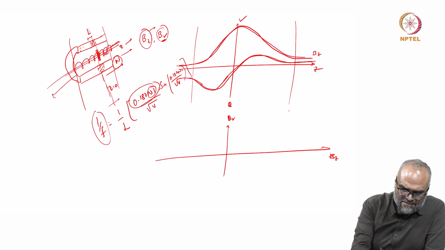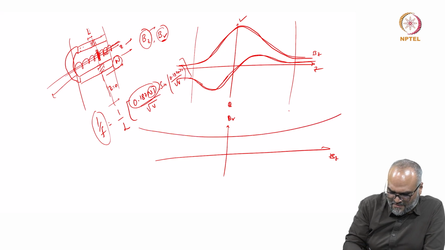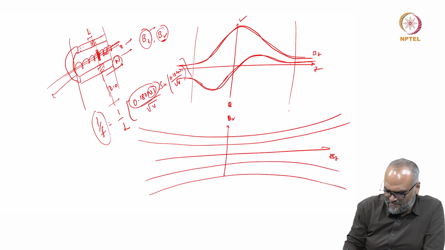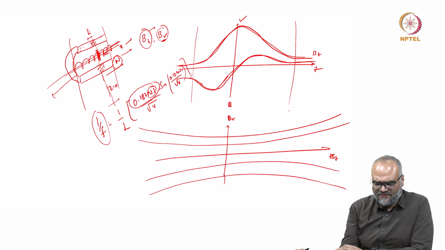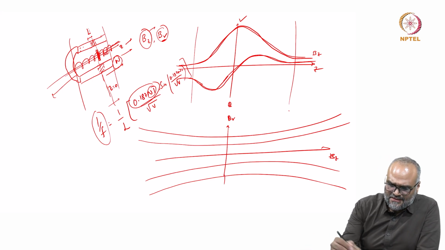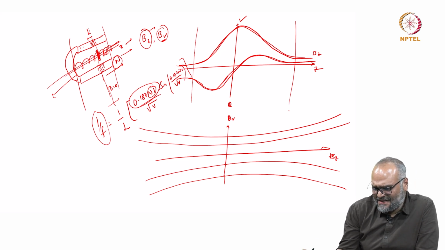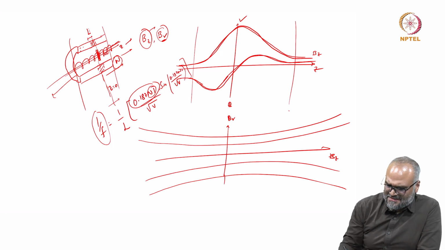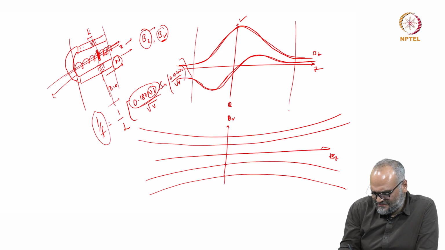Around the pole piece gap, I typically have a field which looks like this. In such a configuration, here is the variation of the magnetic field in the radial and in the longitudinal directions, and here is how the magnetic lines of force are represented.